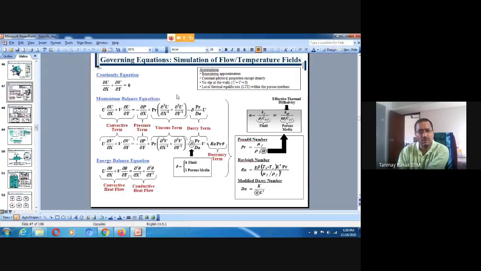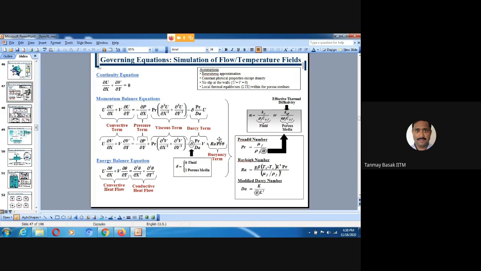We have the pressure terms, and the viscous term, and this is the first time we're introducing the Darcy term, because I'll be showing this for porous media. Along with the viscous term, in some of my calculations I also have the Forchheimer term. So porous media models are basically done with the Darcy, Brinkman, Forchheimer approximations.